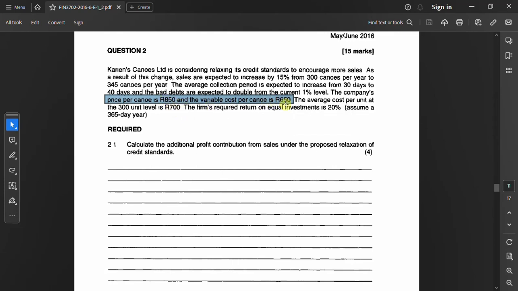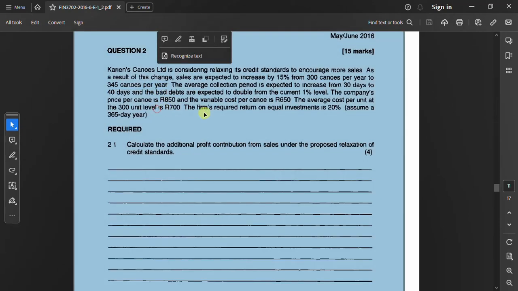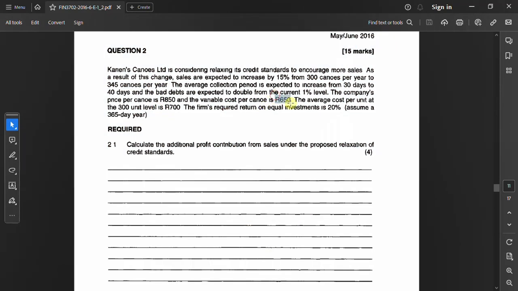The sales part, the profit margin that's going to be derived on an increase in volume because I've sold more canoes. Then I'm going to look at the additional investment in your debtors, based on your average collection period. And then the last thing is the bad debt. They say the bad debt is going to double from the current level of 1%. So obviously 1% is now going to become 2%.